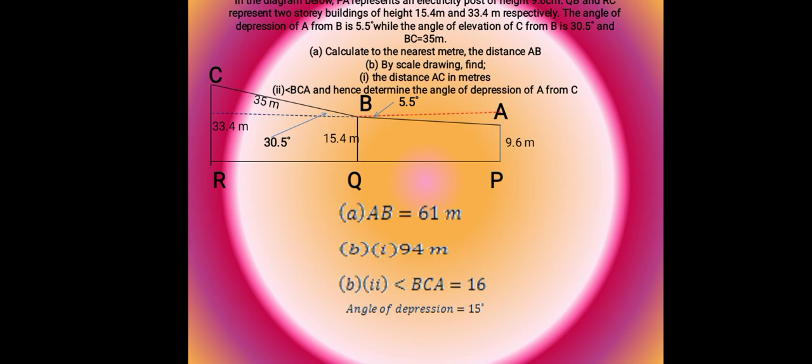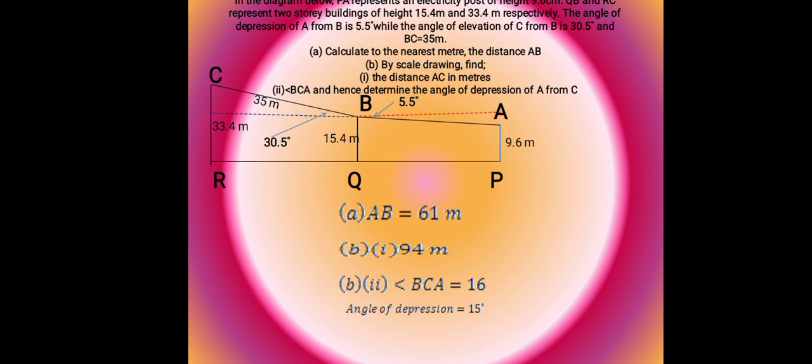In the diagram below, PA represents an electricity post of height 9.6 meters. QB and RC represent two-story buildings of height 15.4 meters and 33.4 meters respectively. The angle of depression of A from B is 5.5 degrees, while the angle of elevation of C from B is 30.5 degrees, and BC is 35 meters.